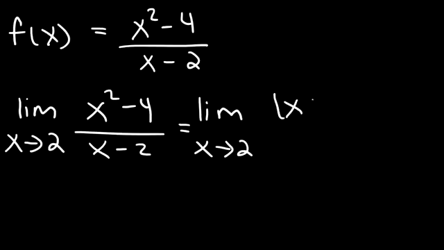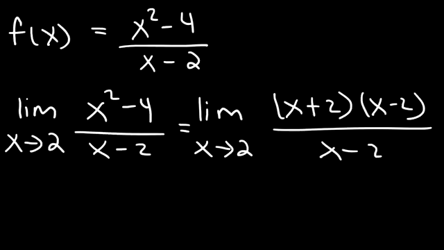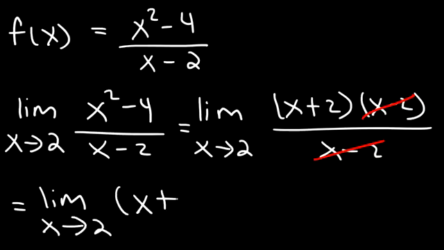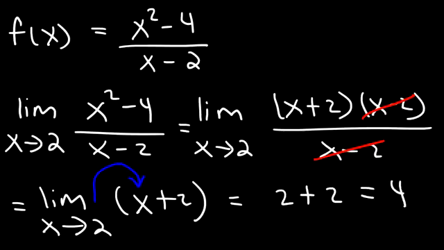When you factor it using the difference of squares method, it's x plus 2 times x minus 2. And so we could cancel this factor. We're left with the limit as x approaches 2 of x plus 2. Now we can use direct substitution and replace x with 2. So this becomes 2 plus 2, and this gives us the limit, which is 4.